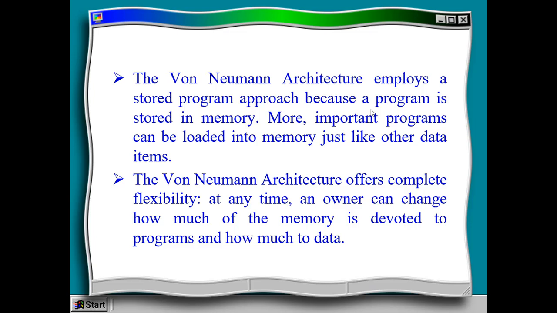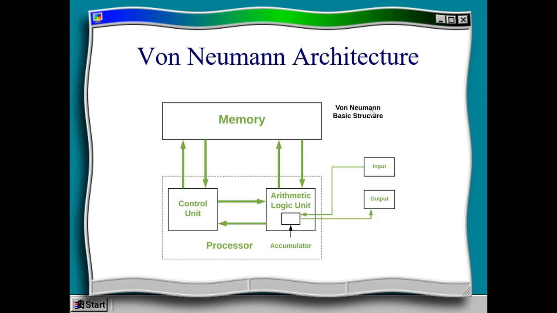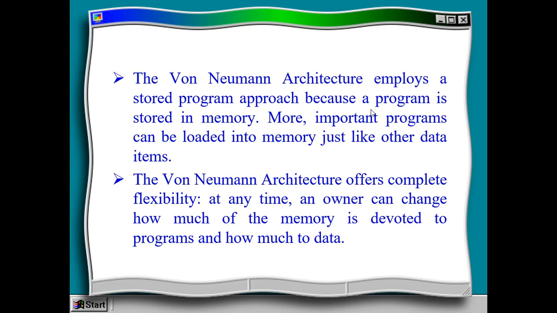The von Neumann architecture employs a stored program approach because a program is stored in the memory, or mostly the ROM. More importantly, programs can be loaded into the memory just like other data items.